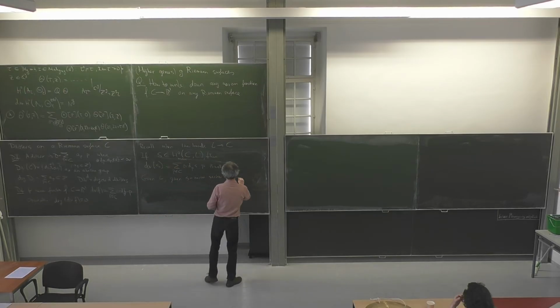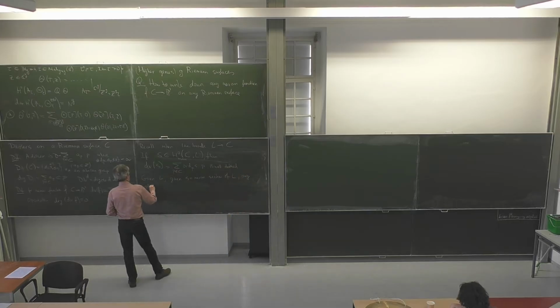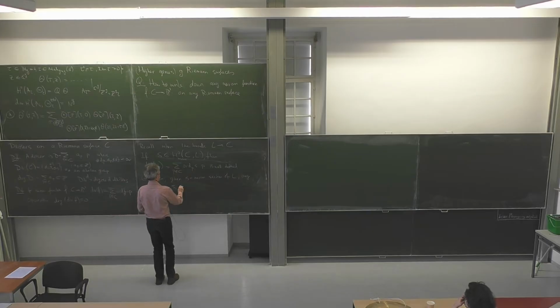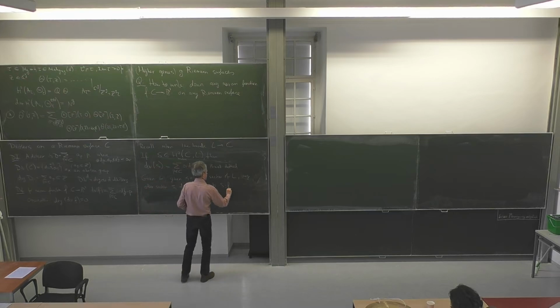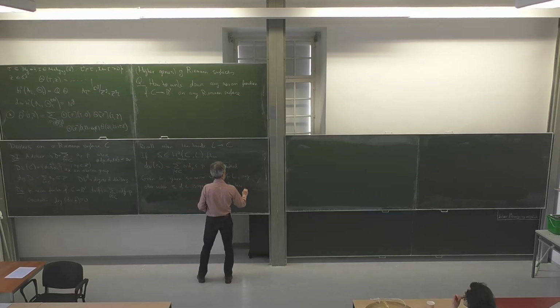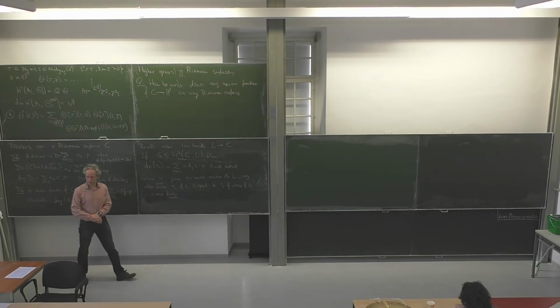Okay, so any other section S1 of L is equal to S times F, where F is a meromorphic function, right?